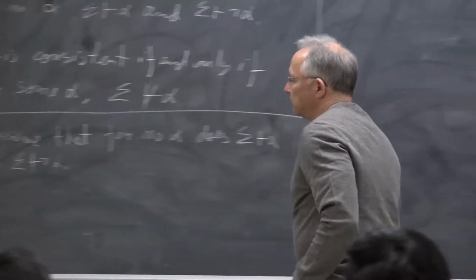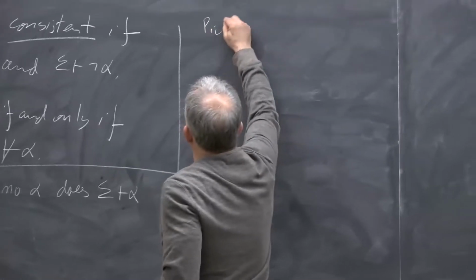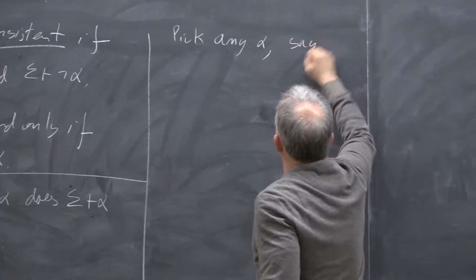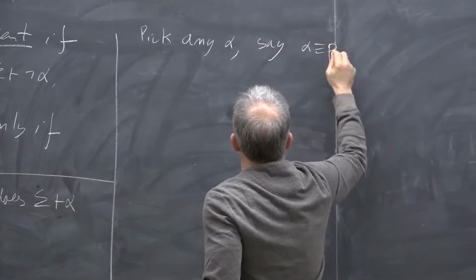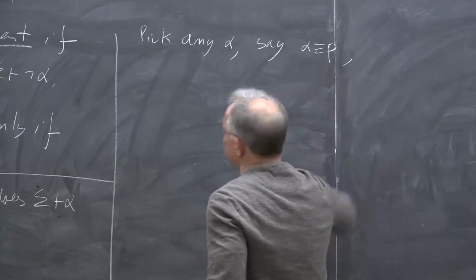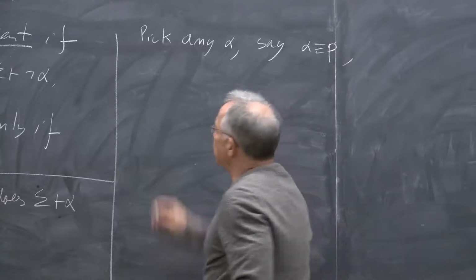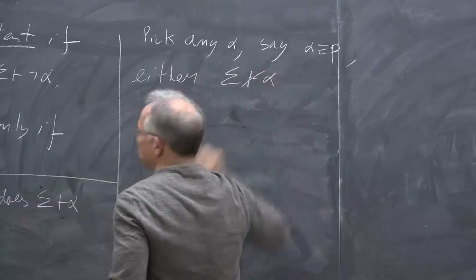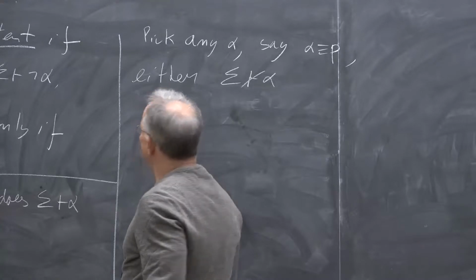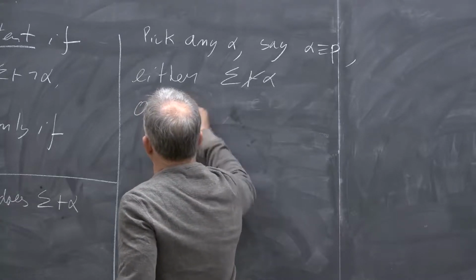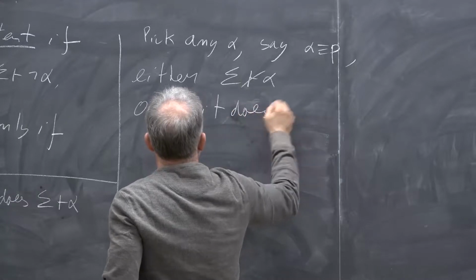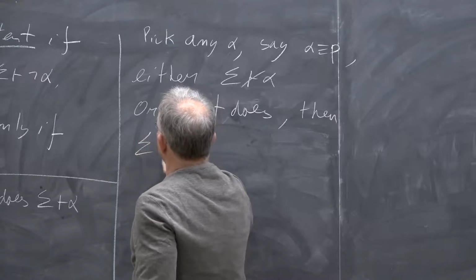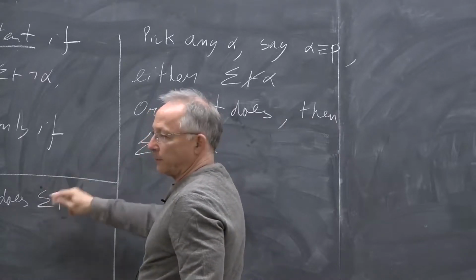So in particular, pick any alpha, say alpha is the variable p, doesn't matter. Either sigma does not prove alpha, or if it does, then sigma does not prove not alpha, because it cannot prove both.